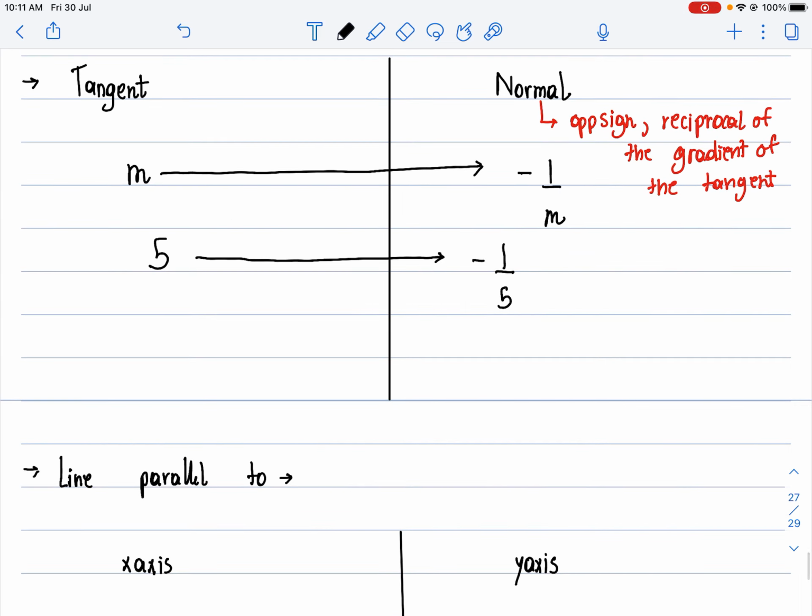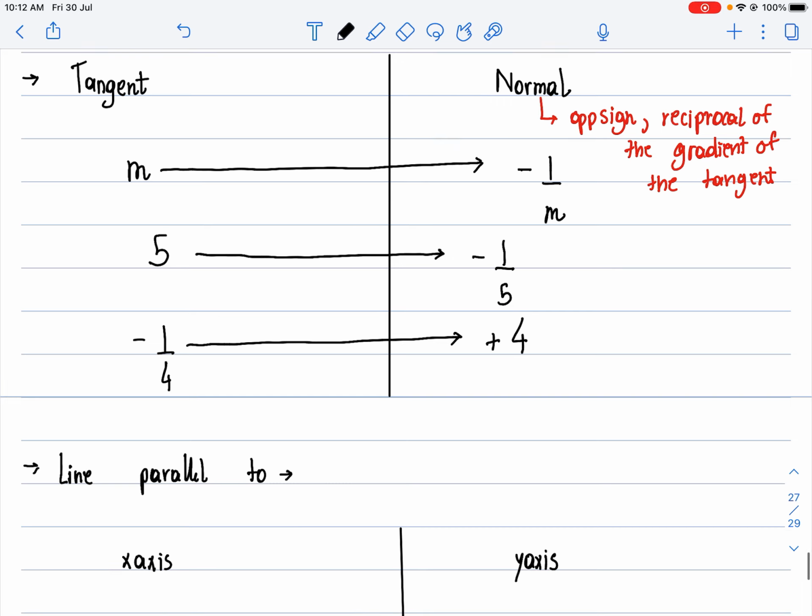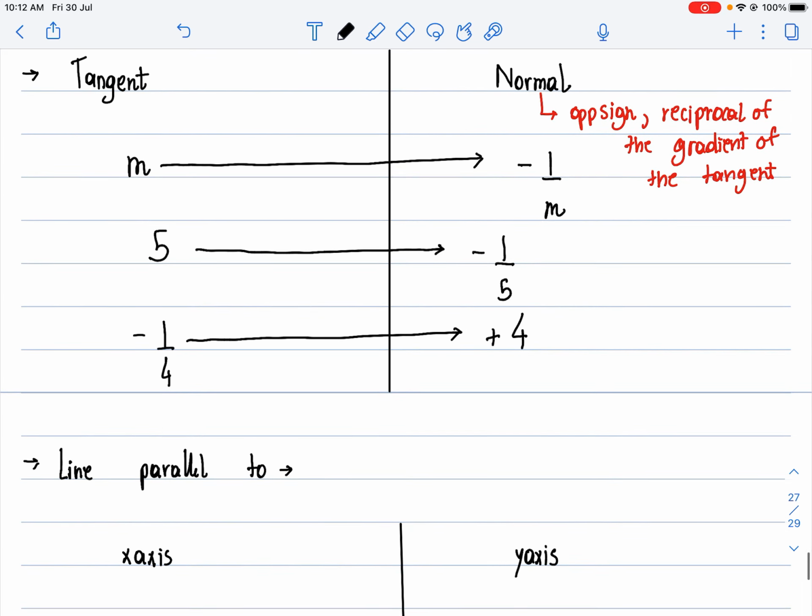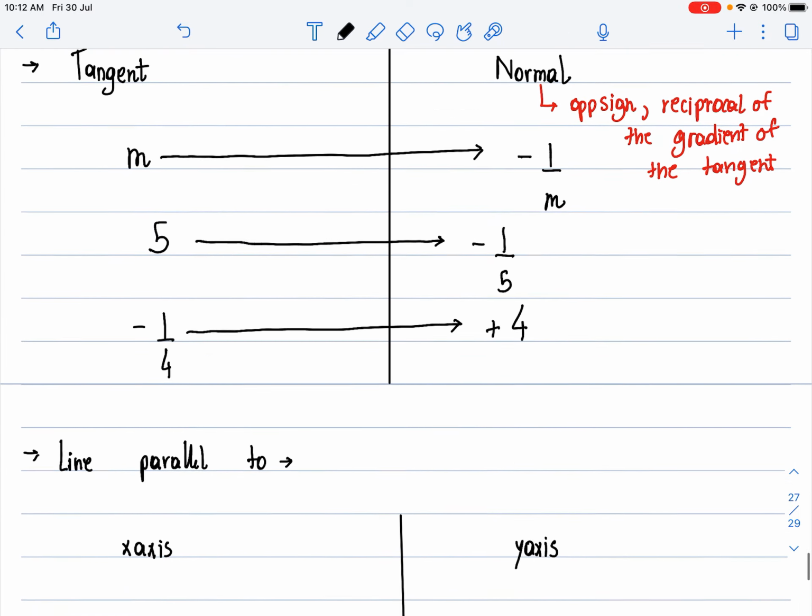Let's say if I have the gradient of the tangent, sorry, not equation, as minus 1 over 4, then the gradient of the normal will be the opposite sign and reciprocal. So first I write 4, which is the reciprocal, and the opposite sign is positive. So I basically get positive 4. Getting the concept? Really simple.